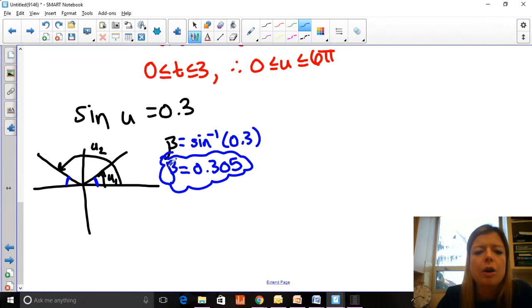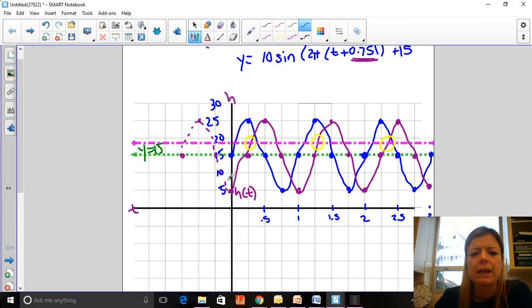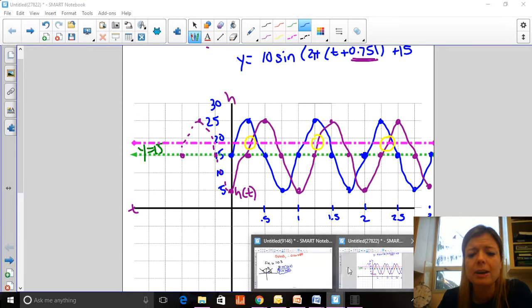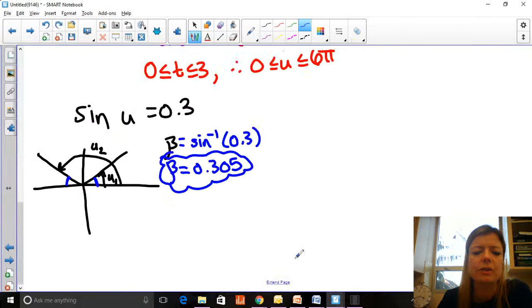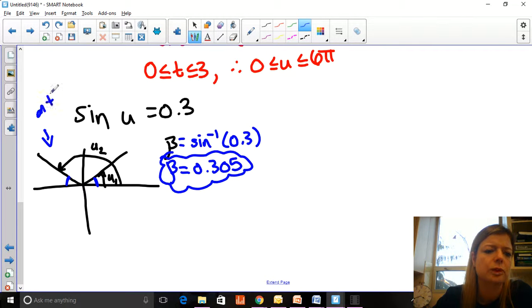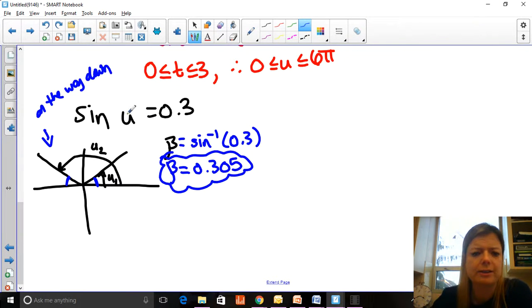Okay, so remember, we only need to know the value on the way up. If you compare this back to the picture of the graph, that's only the first one, not the second one. So we don't even need to solve for this one because this is on the way down. If you do solve for it, it's not wrong. Just make sure you don't include it in your final answer.